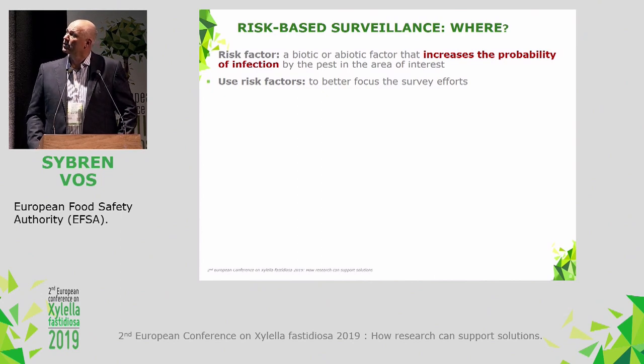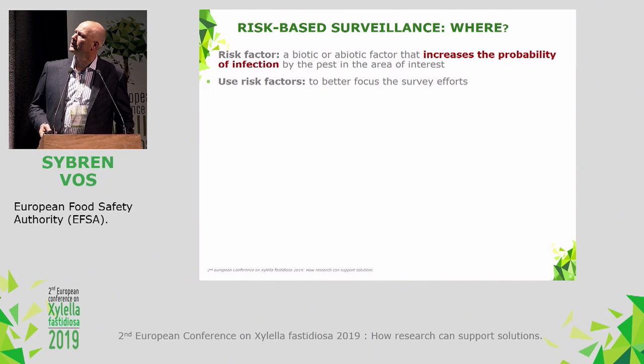Risk-based surveys also address the question of where I should survey. Apart from the informed choice of hosts that can show symptoms, where the probability of infection could be higher, we also need to consider the spread, for example, and other elements. So how did we define a risk factor? We defined it as a biotic or abiotic factor that can increase the probability of infection by the pest in an area.